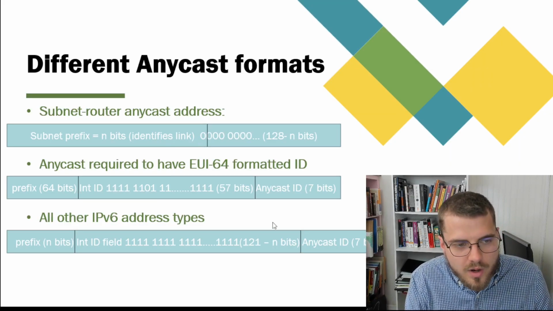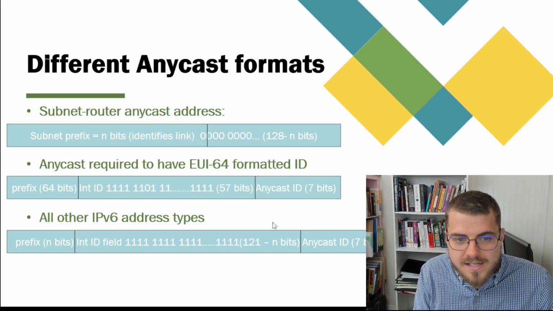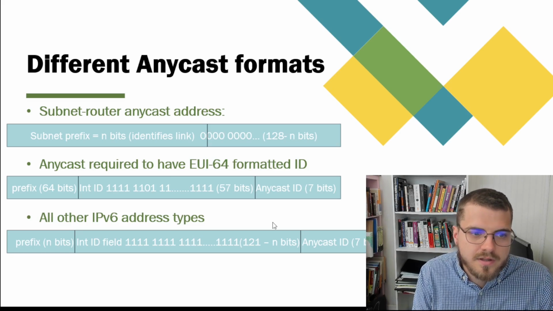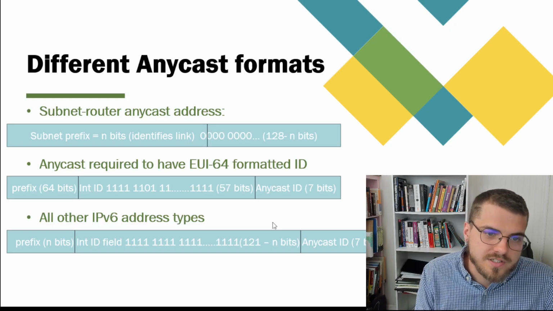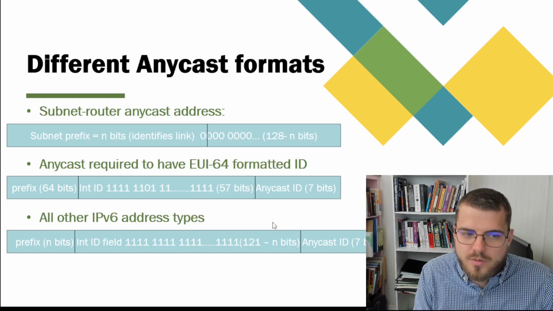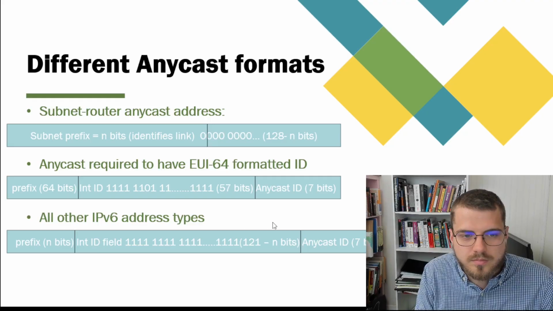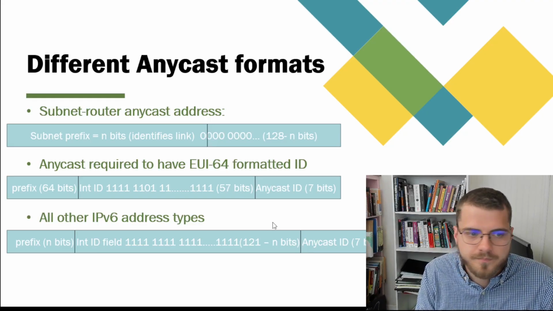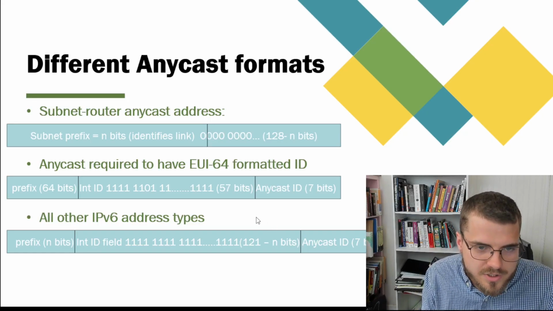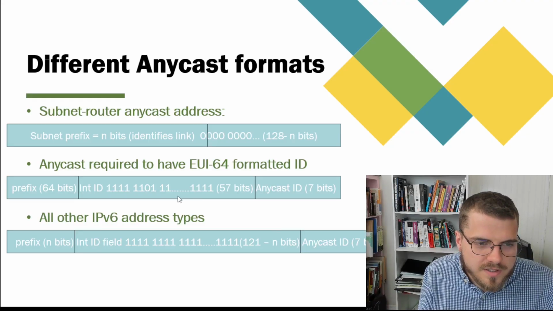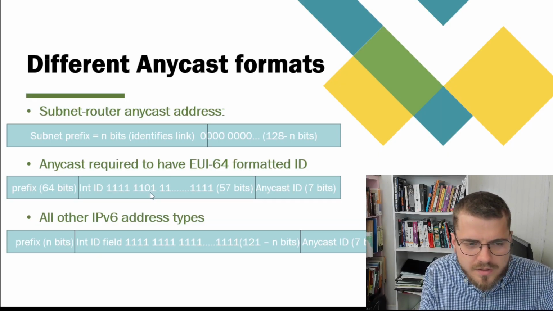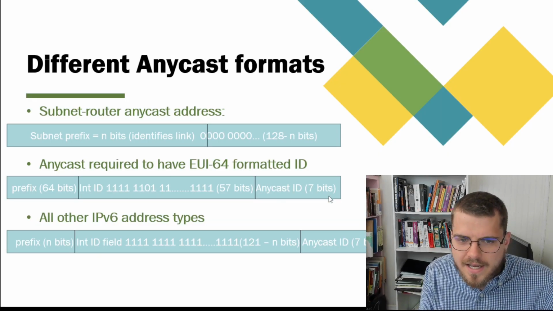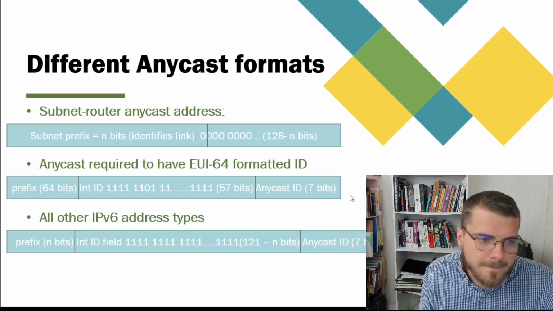Now, Anycast that are required to have an EUI-64 formatted ID, you have the prefix, which is 64 bits, of course, because it's the EUI-64 formatted one. Then you have the interface ID, which is 57 bits. You can see that this one has a 0 on the 7th bit. That's important. And then the Anycast ID, which is only 7 bits.